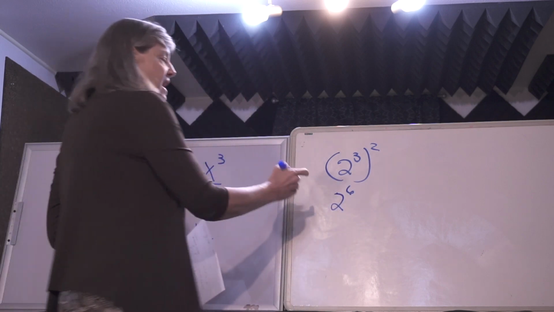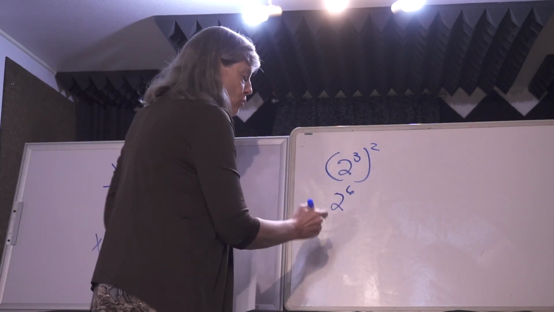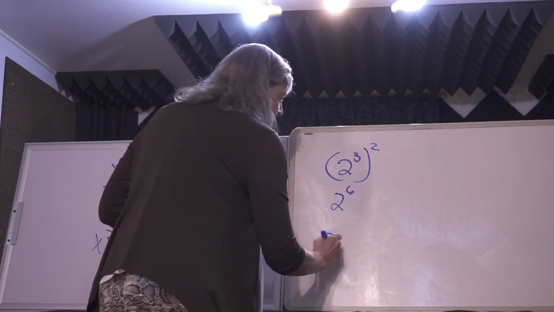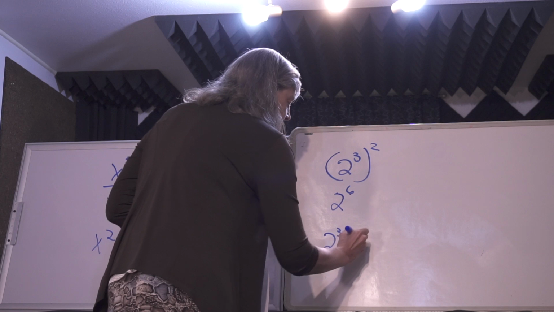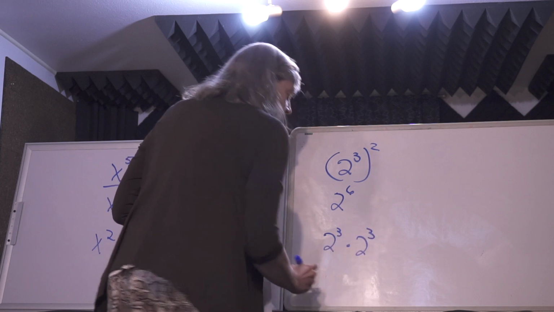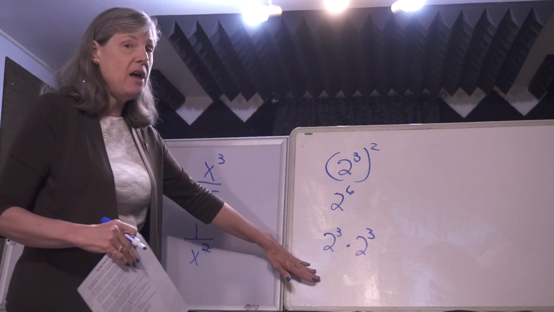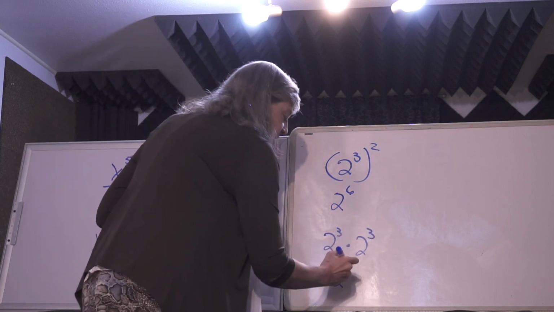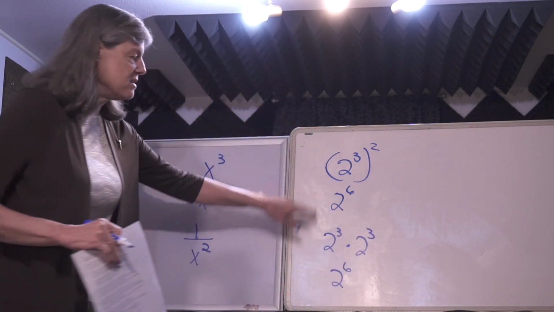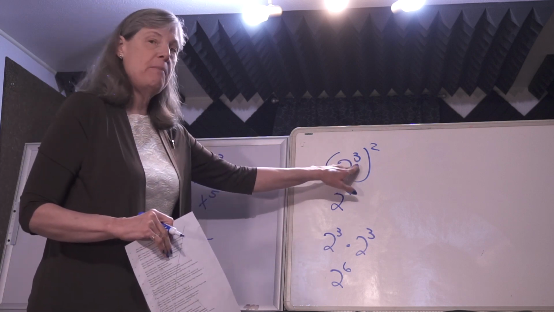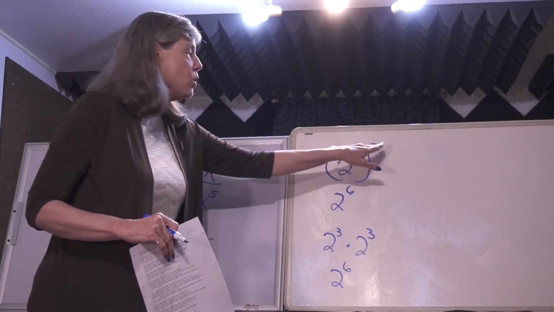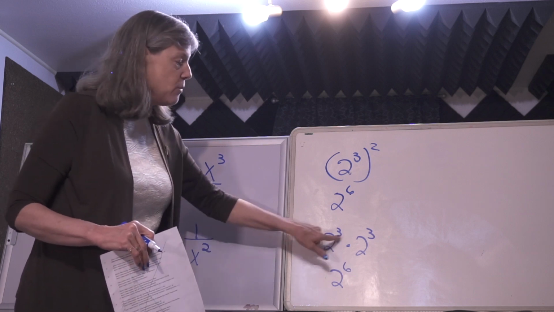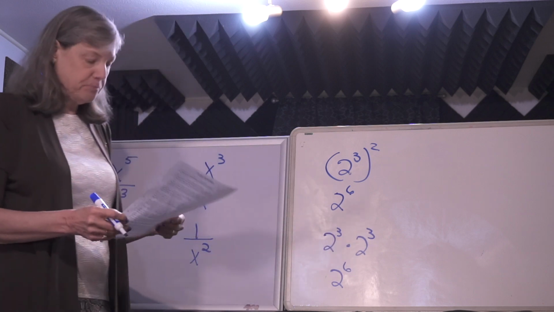Well, let's look at that if we were to do the rule of exponents. That would be 2 to the third times 2 to the third. And this now is the product rule, so we keep the base, add the exponents, and we get 6, exactly the same. So if it's a power to a power, we're going to multiply them. If we're just multiplying, then we add the exponents.